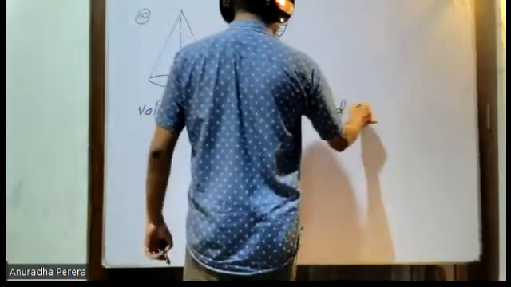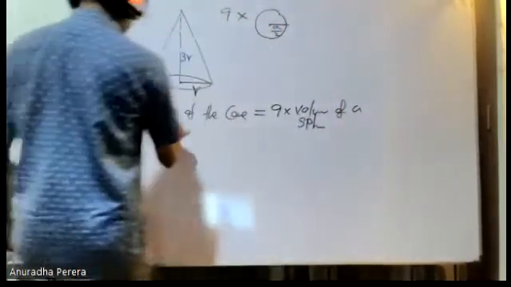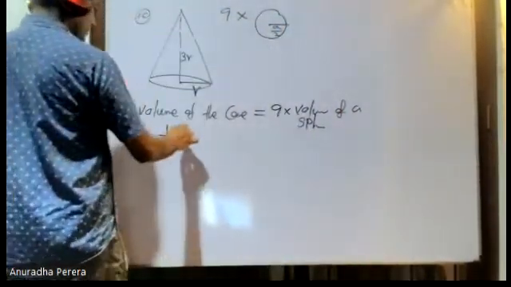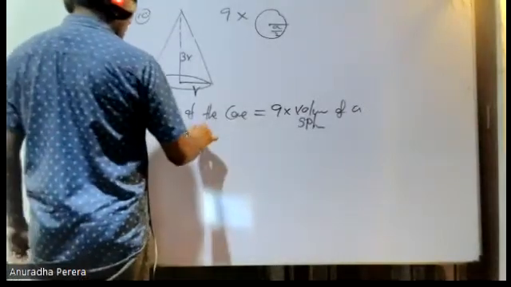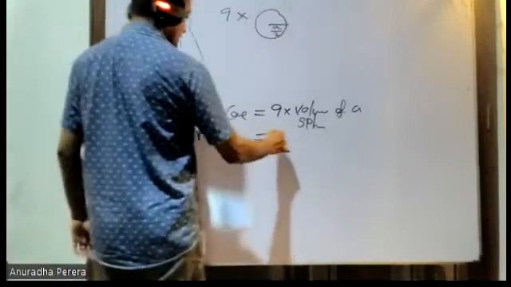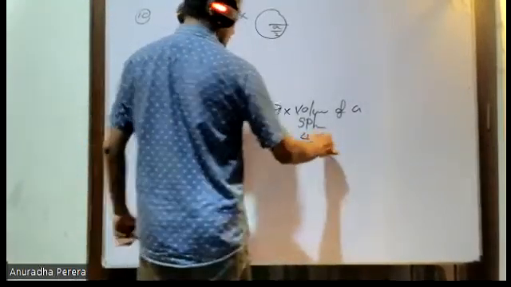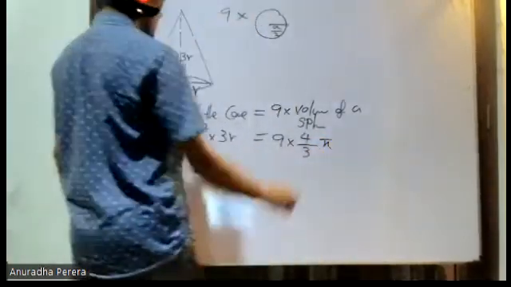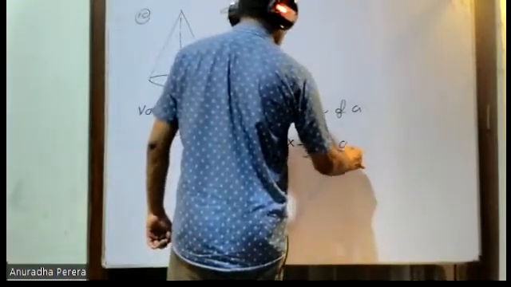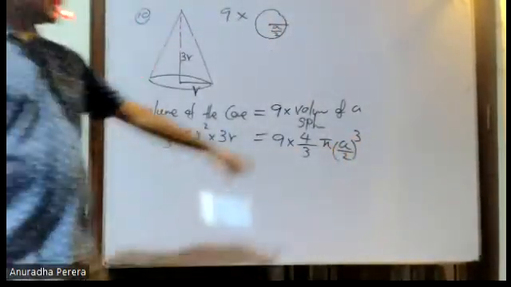Volume of the cone is 1/3 π r squared h, with h equal to 3r. 9 times the volume of a sphere, 4 over 3 π, a over 2 cubed. Radius is a over 2.